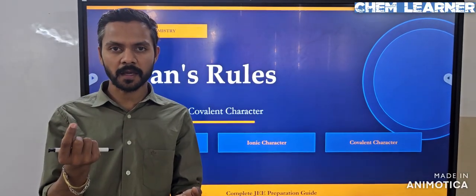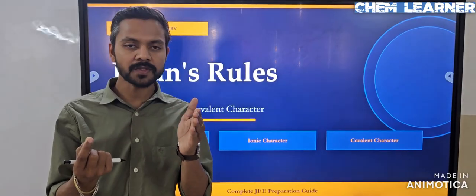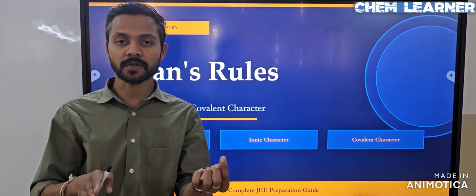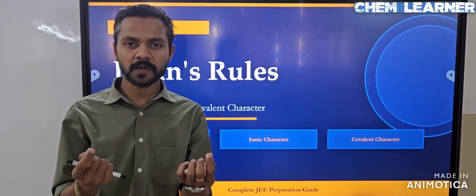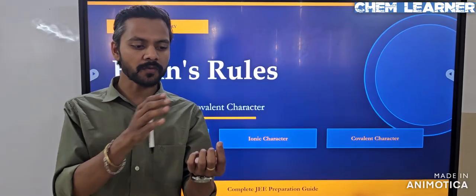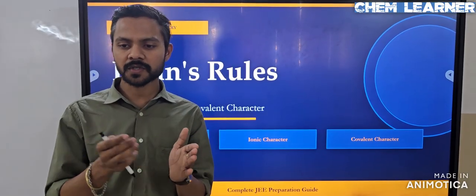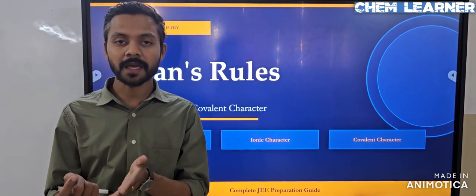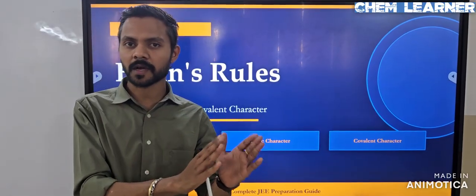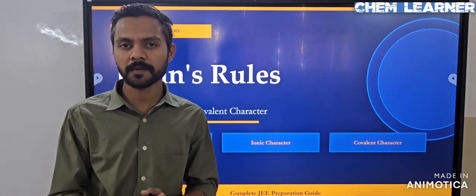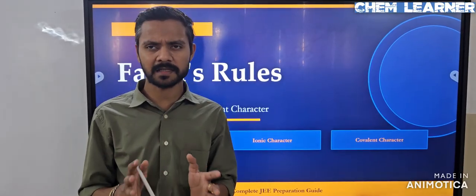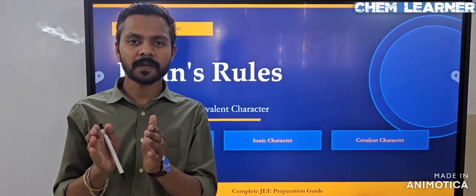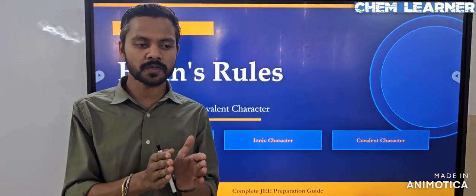The nucleus of atom A is going to attract the electrons of atom B, and the nucleus of atom B is going to attract the electrons of atom A. In this process, the electron cloud of atom B is distorted by the nucleus of A, and the electron cloud of atom A is distorted by the nucleus of atom B. Because of this electron distortion, there will be movement of electrons towards the atom.